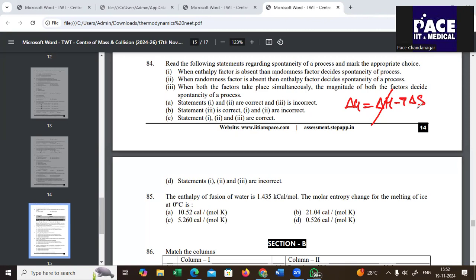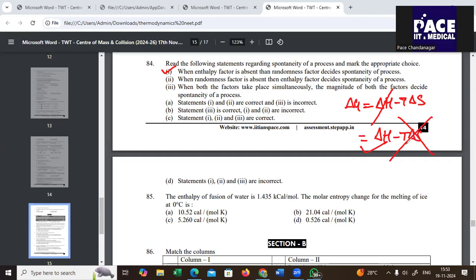If delta S is positive, then minus of positive is negative, so delta G will be negative, and delta G has to be negative for a spontaneous process. Next, when randomness factor is absent, the enthalpy factor decides the spontaneity. Yes, now in this second case, the randomness factor is absent, then obviously delta H will decide.